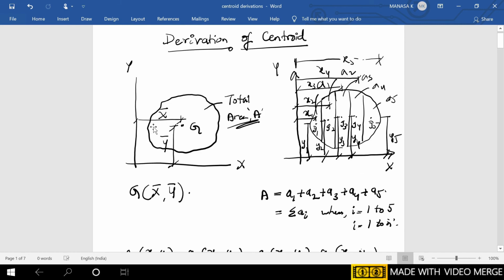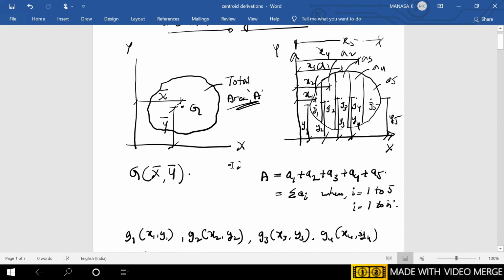In the same way, let us imagine that the y-axis is not there, only the x-axis is present. At that time, you apply the first principle of moment. Again, it is total area into perpendicular distance, that will be the moment area of the entire irregular lamina, that is A into y bar, which will be equal to the summation of the moment areas of all the elemental strips about the same axis, that is the x axis.